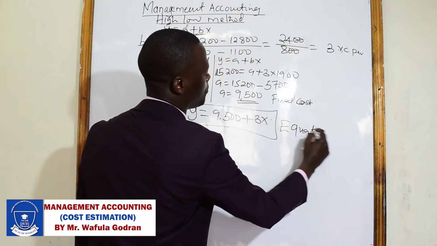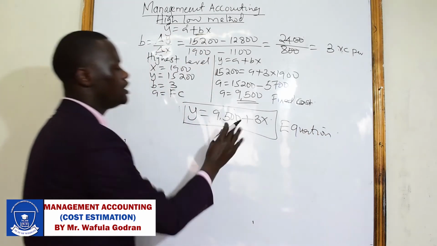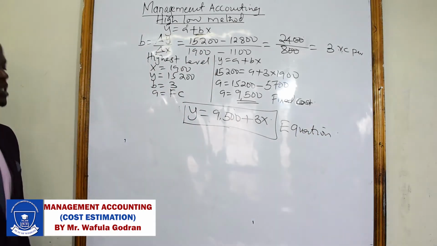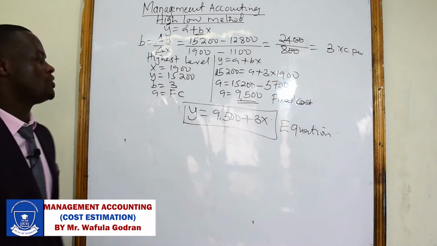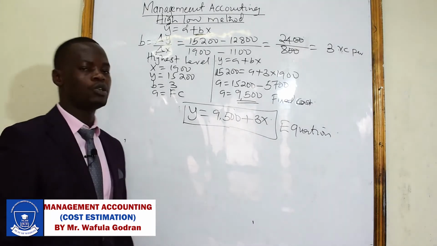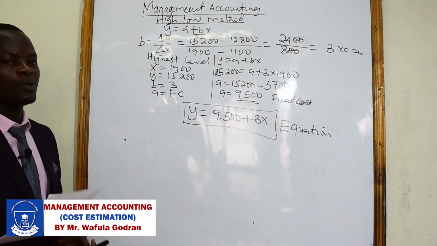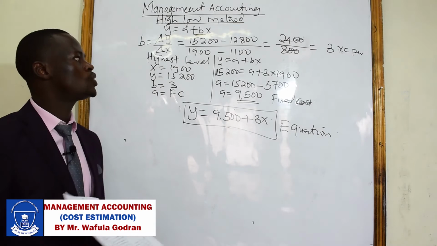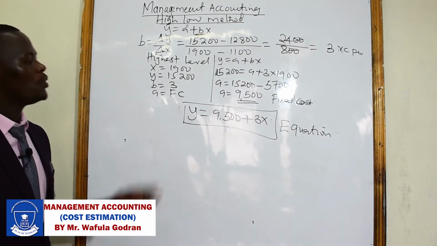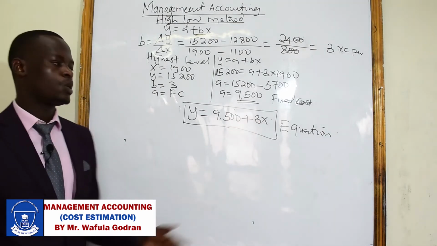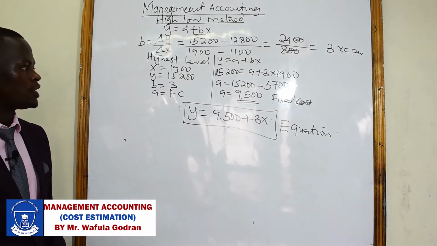So we have established the equation. This equation can be used to predict any level of activity. If, for example, they told you to find the cost of producing 2,000 units, we just fit the 2,000 into the equation, and we are able to predict that.